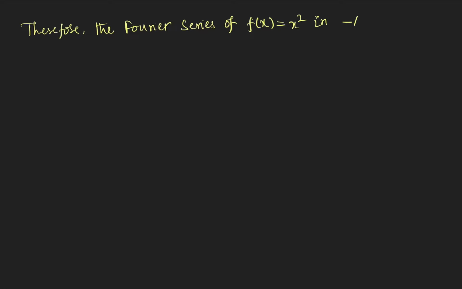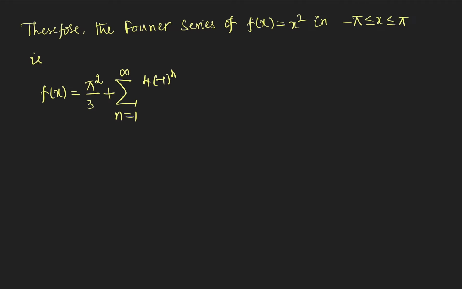Therefore, the Fourier series of f of x equal to x square in the interval minus pi less than or equal to x less than or equal to pi is given by f of x equal to a naught by 2, which we computed as pi square by 3, plus the summation from n equal to 1 to infinity of an, where the value of an is 4 times minus 1 whole power n divided by n square, into cos nx.